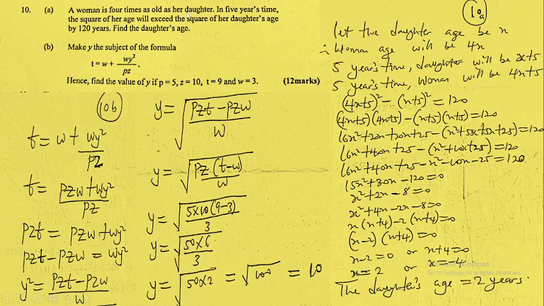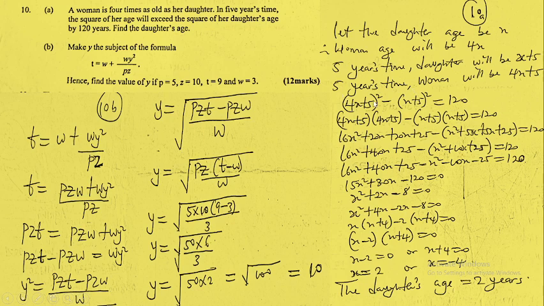Let's continue the question. In 5 years time, the square of the woman's age will exceed the square of her daughter's age by 120. Let's come again so that I can understand that part. Since we know their ages in 5 years time, what is the woman's age? 4x plus 5.